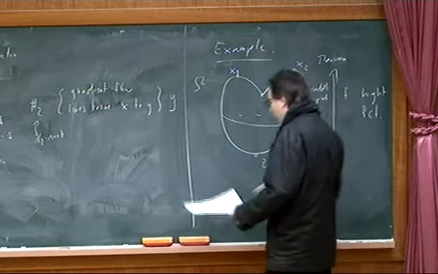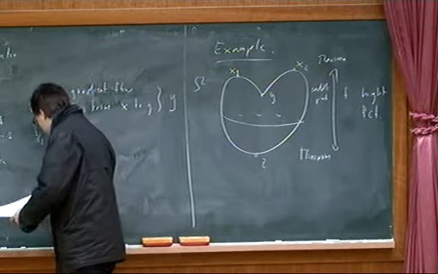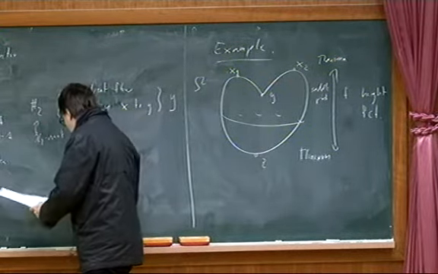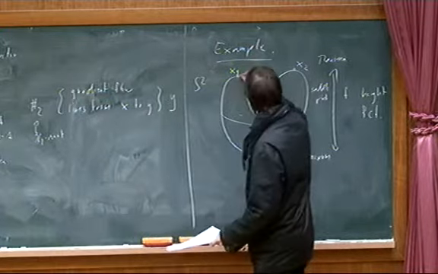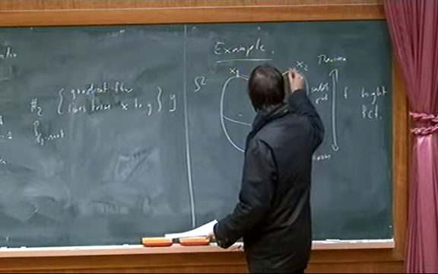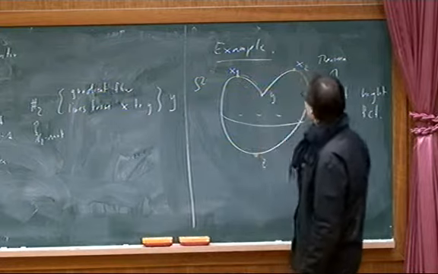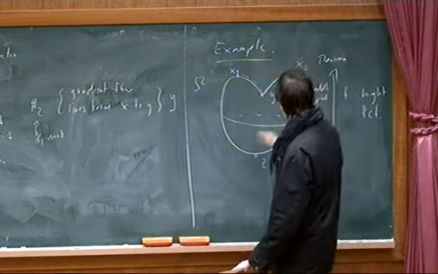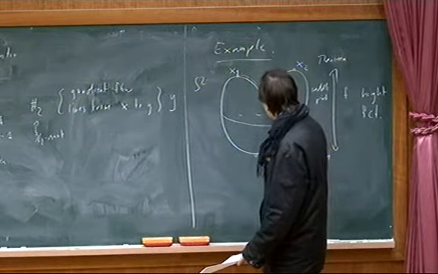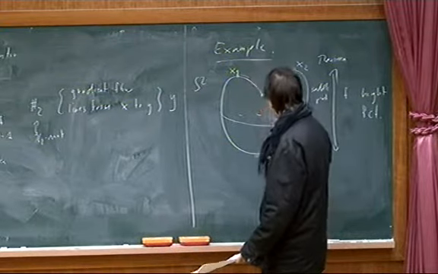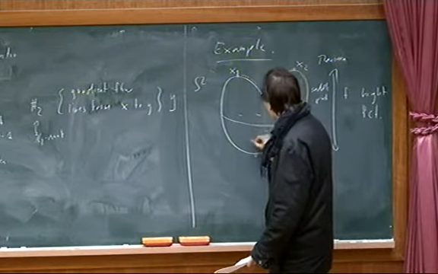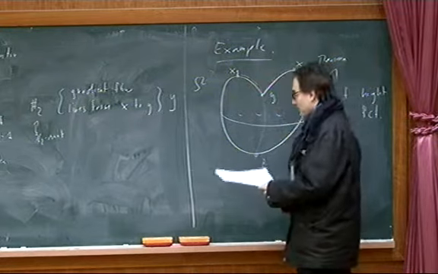And what we have to count are these gradient flow lines. So you see we have a gradient flow line from each maximum to the saddle point, and then we have two gradient flow lines from this saddle point to the minimum.